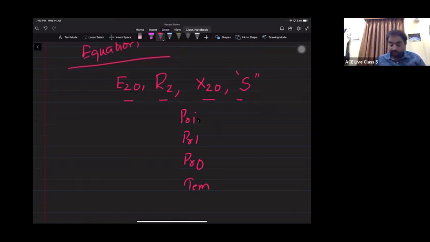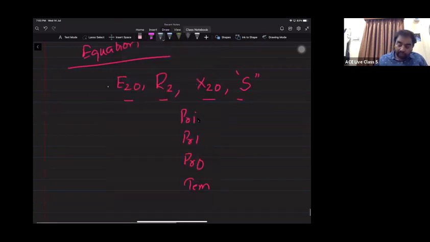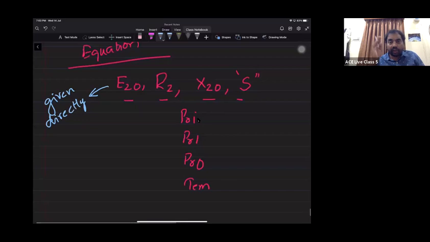Right. Then what are the possibilities that this E2 naught may be given? This E2 naught may be given directly. What is that? The rotor standstill voltage per phase is equal to 57.7 volts. It is given directly.